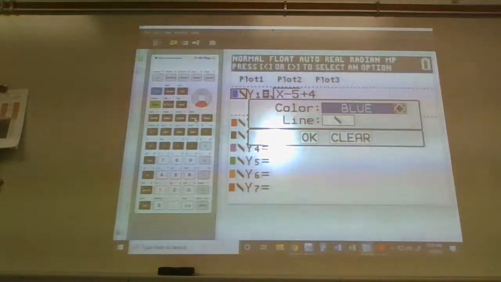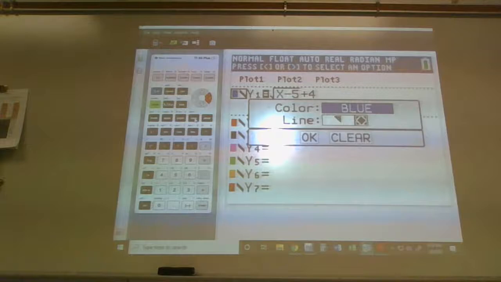I don't care about the color here. The color could be whatever it wants to be. But look what's happening here. If I go down to line and then just tab right, I can cycle through a bunch of options. These two options are the ones that I am interested in.